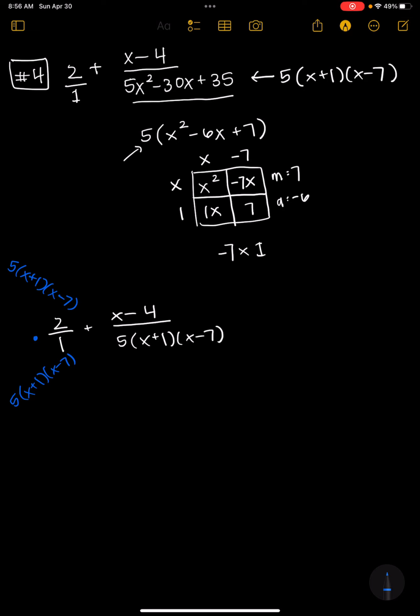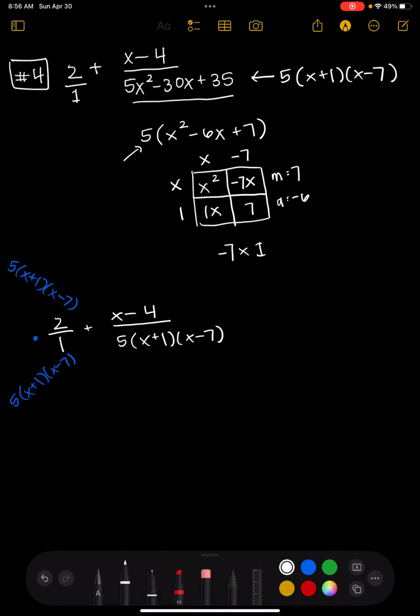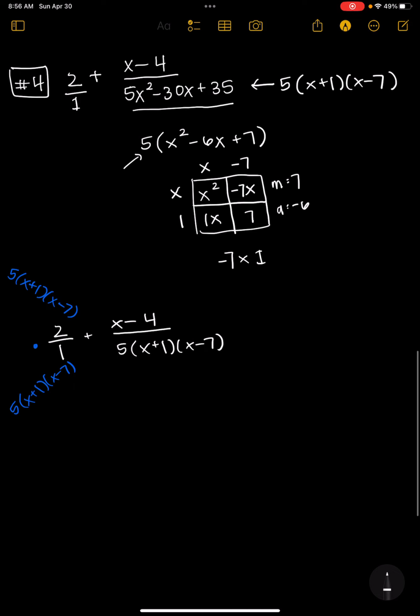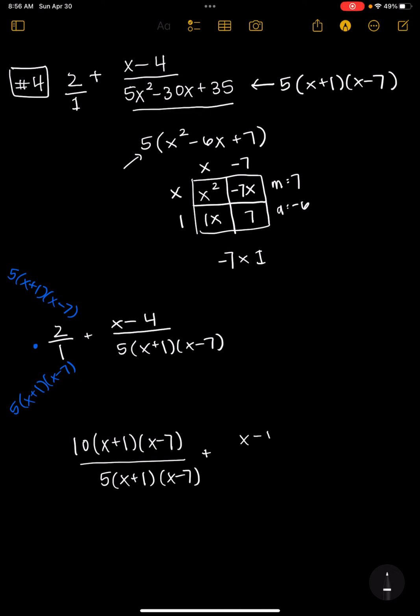If I do that, I'm going to have 5 times x plus 1 times x minus 7 times 2. I'm just going to do the 2 times the 5, which would give me 10. So I'd have 10 times x plus 1, x minus 7, over 5 times x plus 1, x minus 7, plus x minus 4 over 5 times x plus 1, x minus 7.